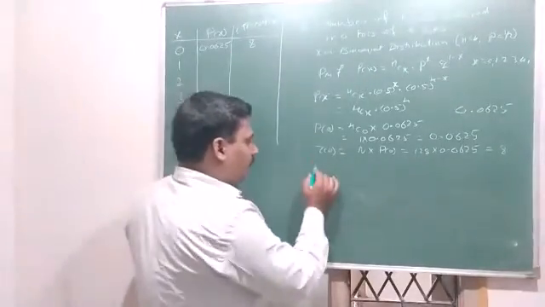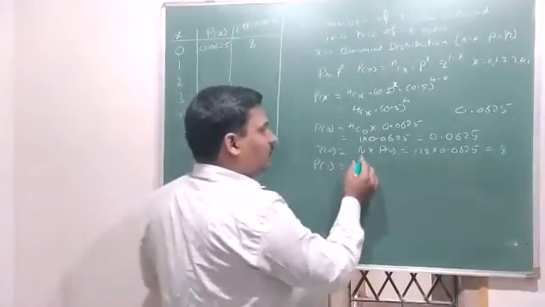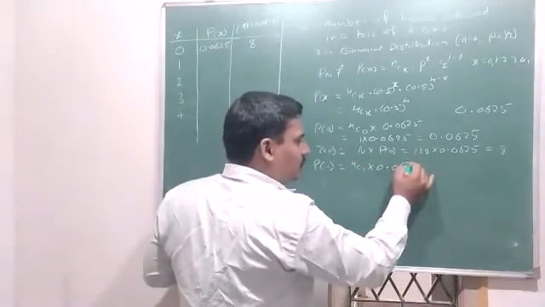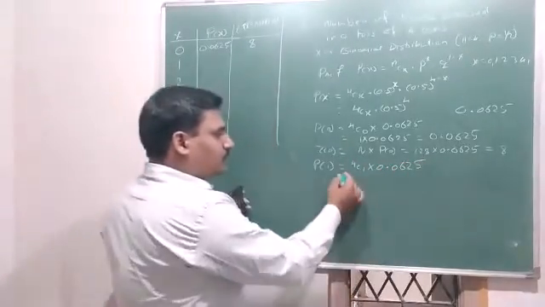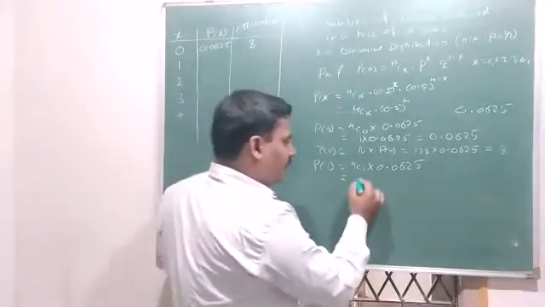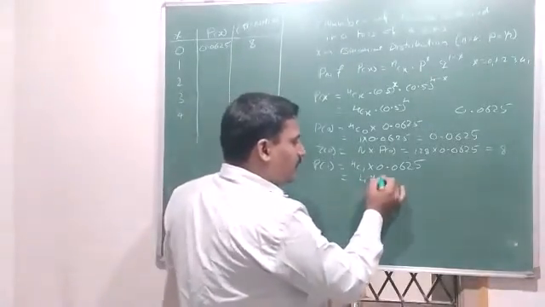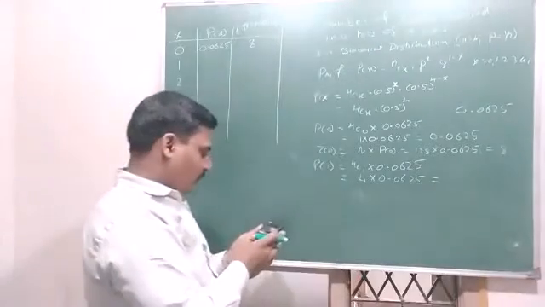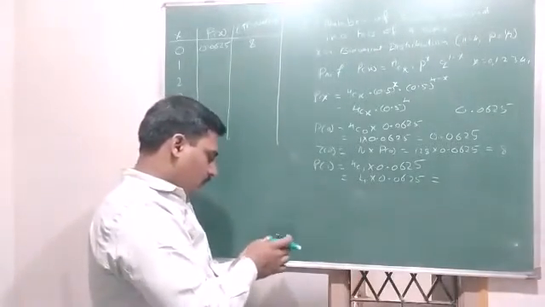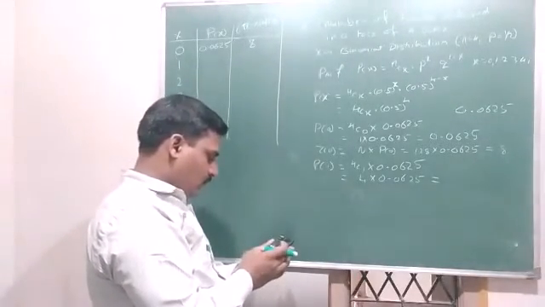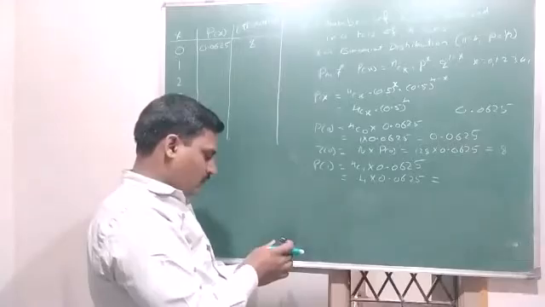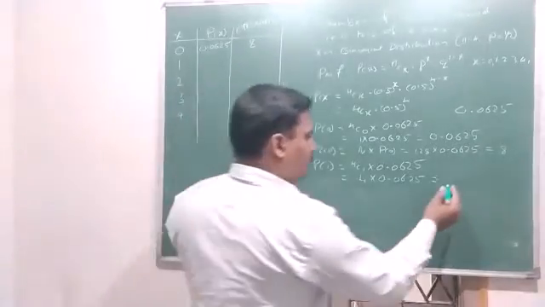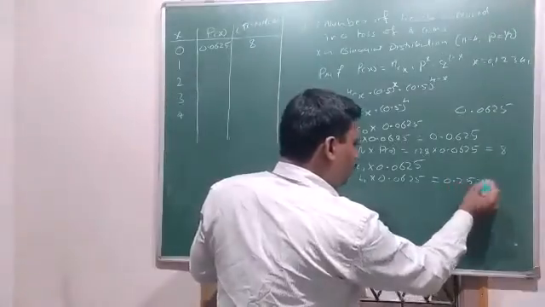Second probability: P of 1 is equal to 4C1 into 0.0625. 4C1 is 4, so 4 into 0.0625 is 0.25.